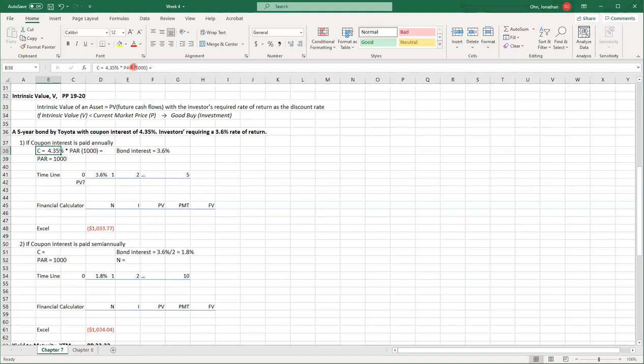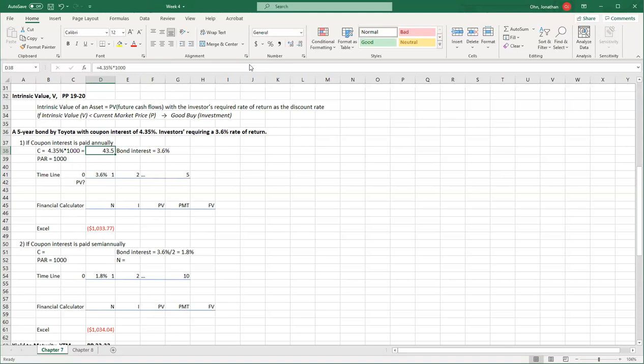So par value, let me get rid of this. If you do this, that will give you the amount of coupon payment from this bond, right? So 4.35% times $1,000. This one is $43.50.